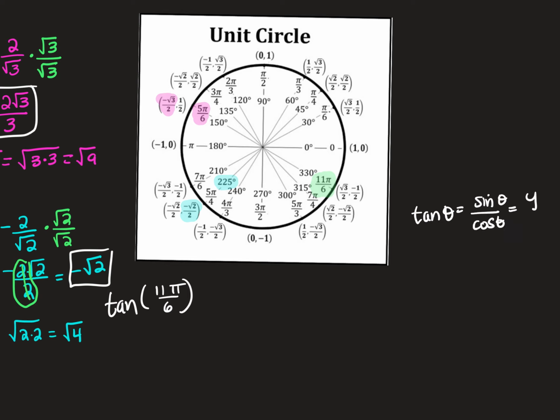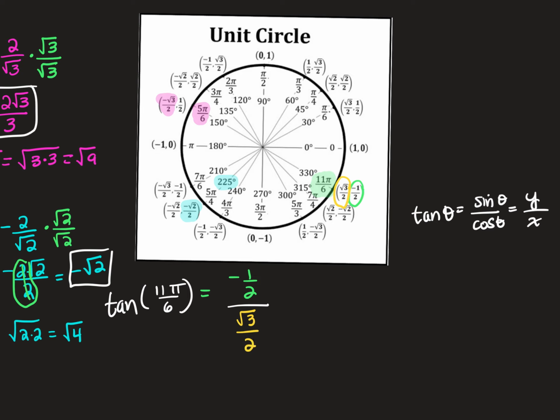And the other way we can think of that is the y-coordinate over the x-coordinate. So I'm going to look at that and say, all right, sine is negative 1/2, and cosine, this is sine, and then this is cosine. So I'm going to write this as negative 1/2 divided by radical 3 over 2.